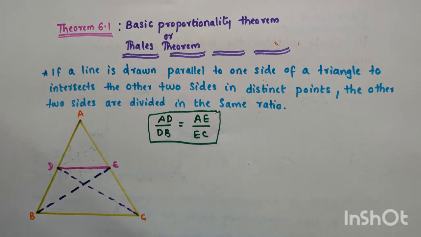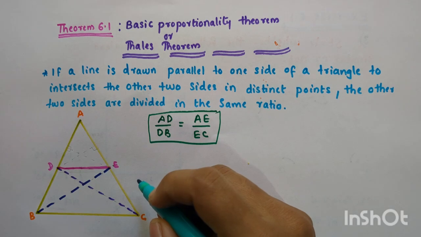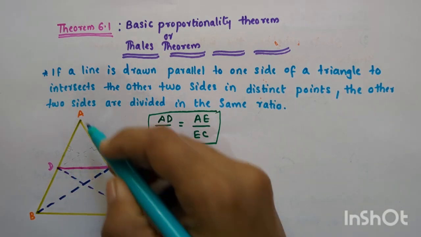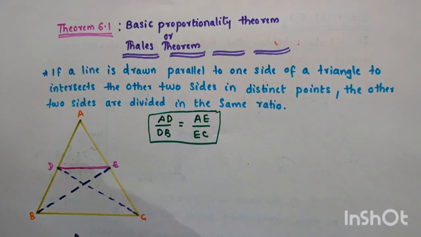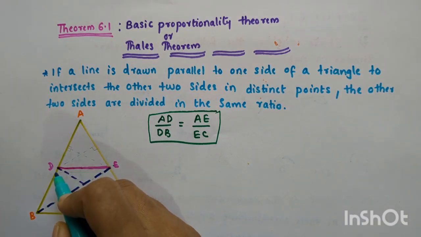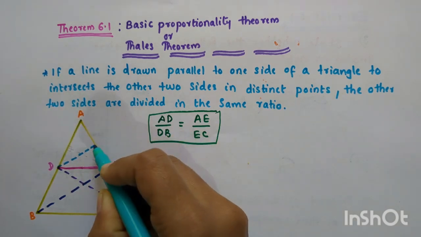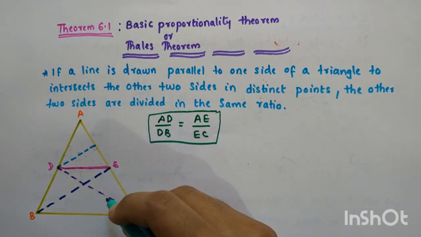Now, let us draw a perpendicular line from D to the side AC of the triangle.